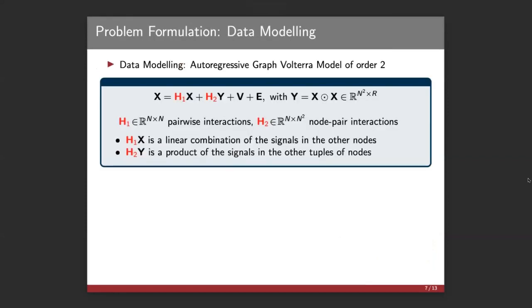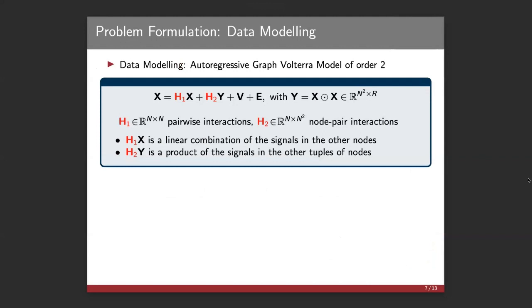To do that, we first propose a model for the data. We model the data, and then we model the graph and higher order interactions. For modeling the data, we use the autoregressive graph Volterra model, which has this expression. In this expression, I would like to highlight this term, which says that part of our signal can be expressed as a linear combination of the signal at other nodes.